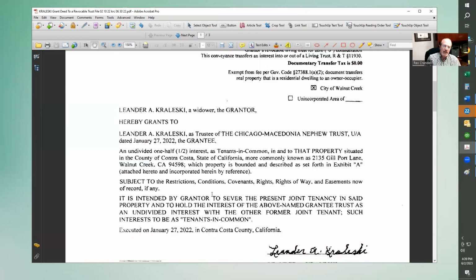So if I own the property 100% in my name, Rex Crandall, then I can say I, Rex Crandall, grant all the property to my revocable trust. And so it goes from a person to a person as trustee of a trust. A trust by itself cannot own property. It must have an individual to act as trustee.